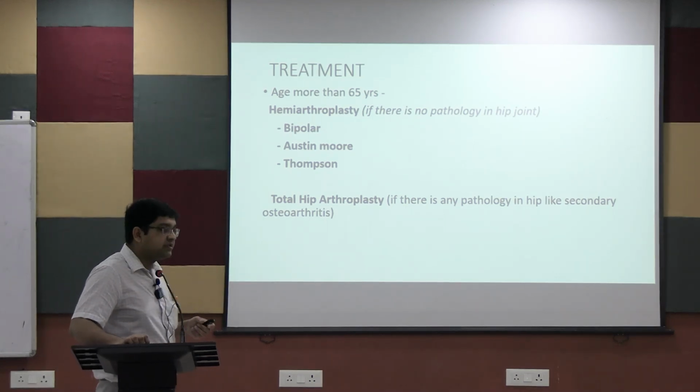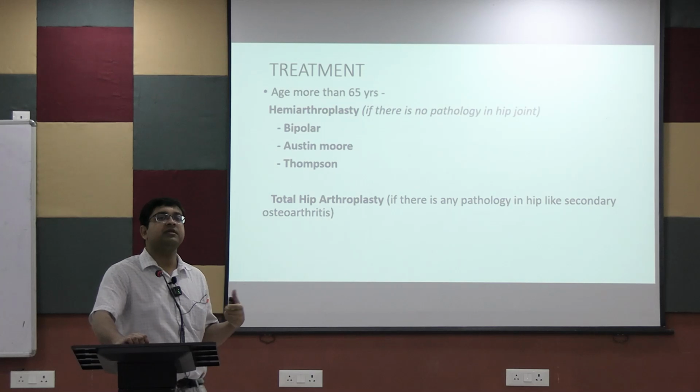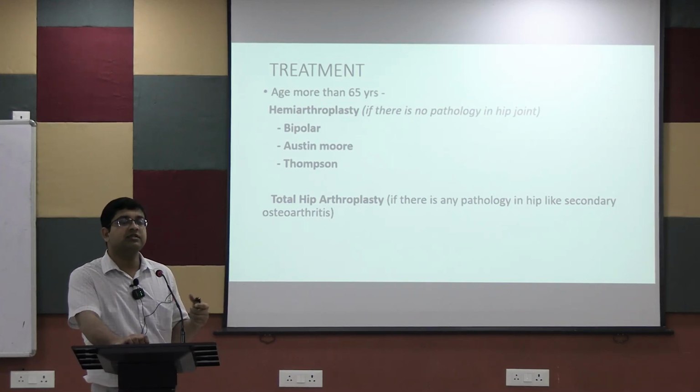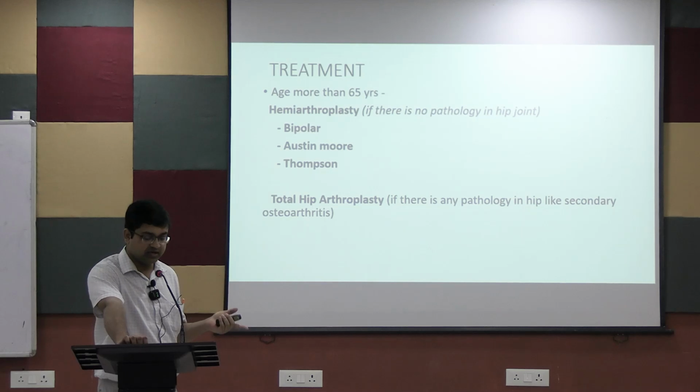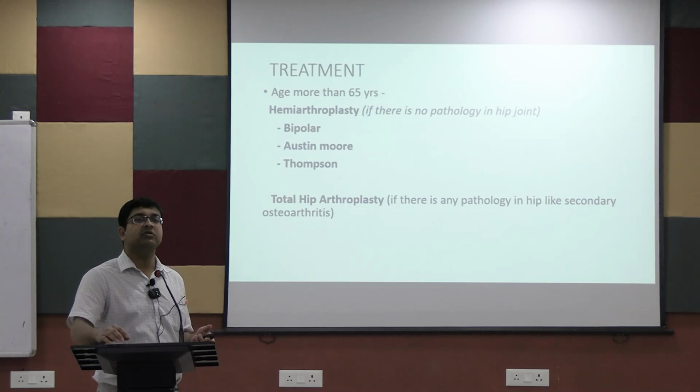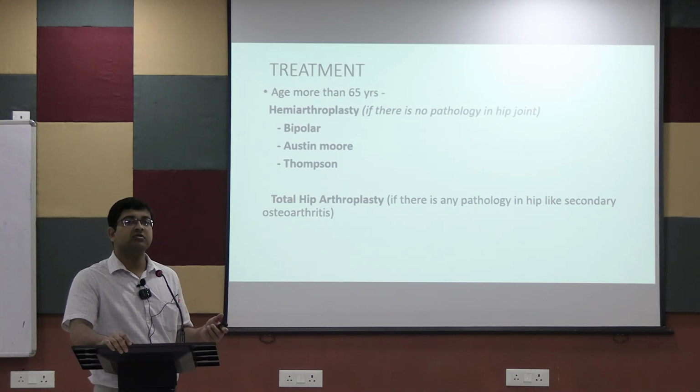And if the hip joint is previously damaged, like hip joint congruity is lost, or there is secondary osteoarthritis. In most of the cases of fractured neck of femur, the patient is unaware of the fracture and is treated by a local quack. So what happens?